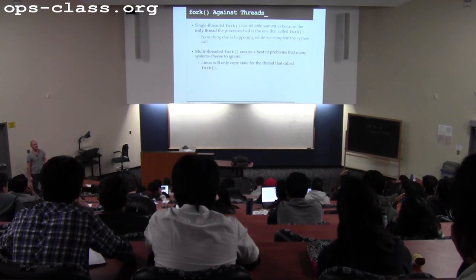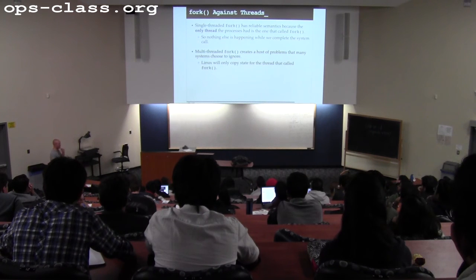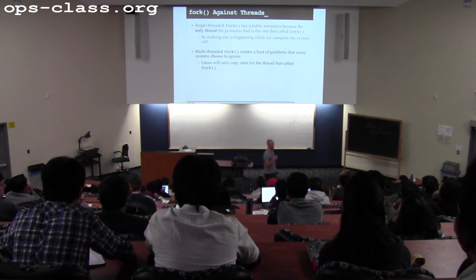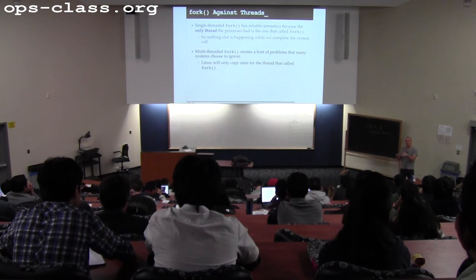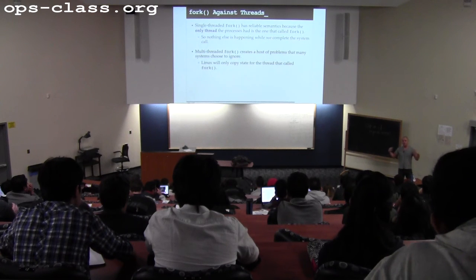The typical way of fixing this problem is just to ignore it, kind of. If you call fork in a process that has multiple threads, the only thread that gets copied is the thread that called fork. So, in practice, if you want to fork and then create a bunch of threads, things like Apache will fork first and then create the threads afterwards.